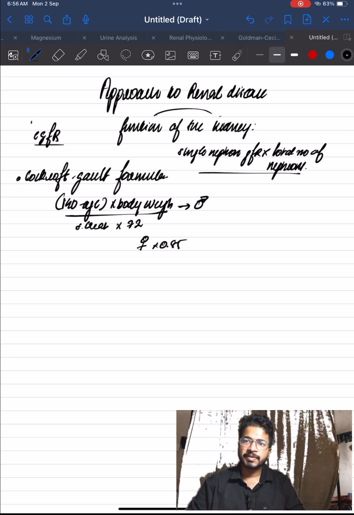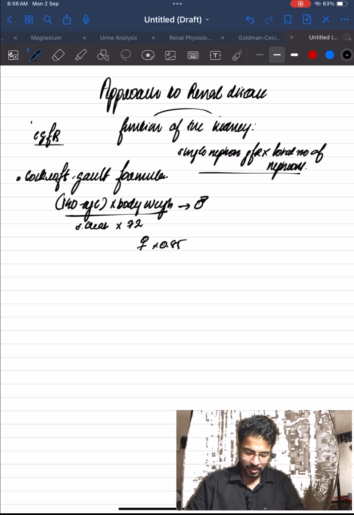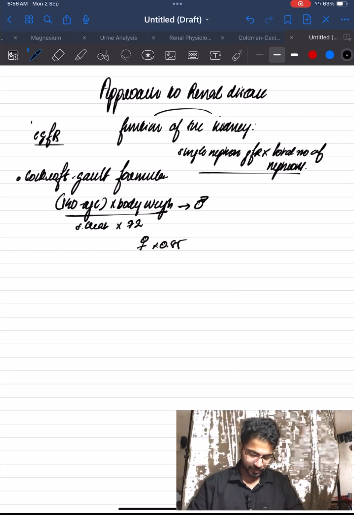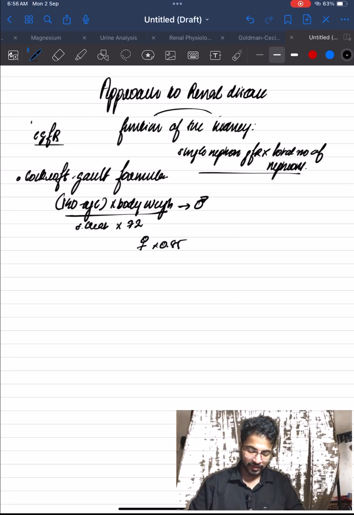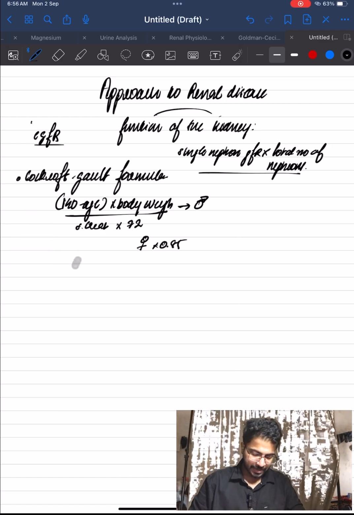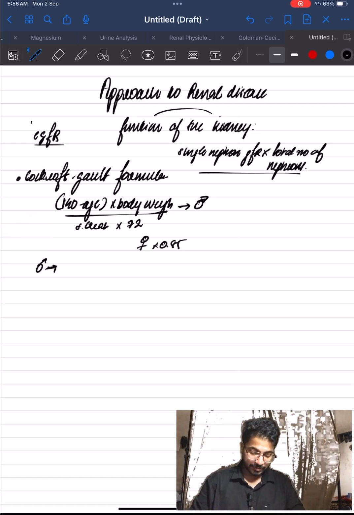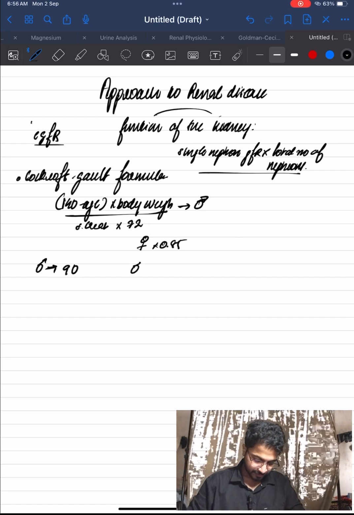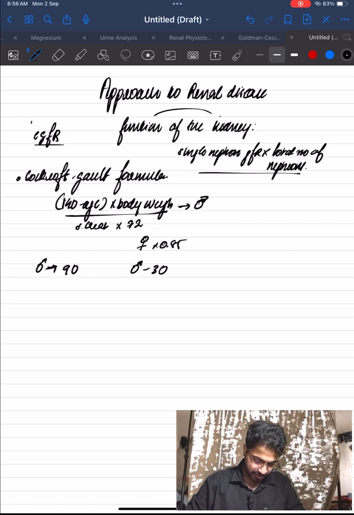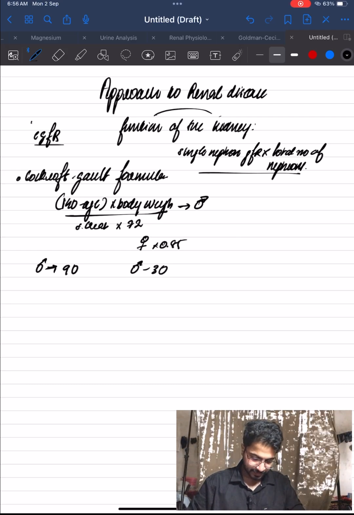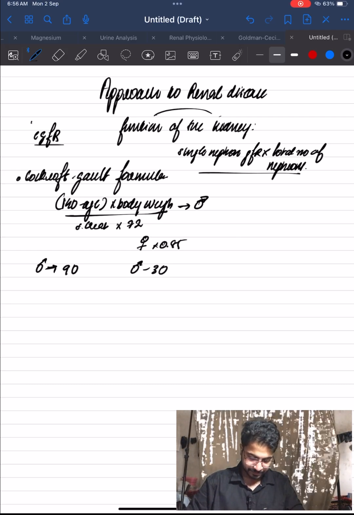So what are the pitfalls in this formula? The major pitfall is the overemphasis on age. Consider a male patient of 90 and a male patient of 30.